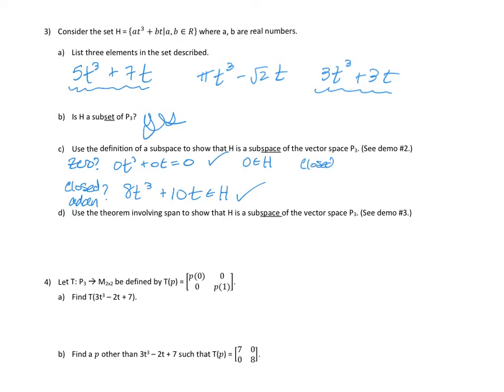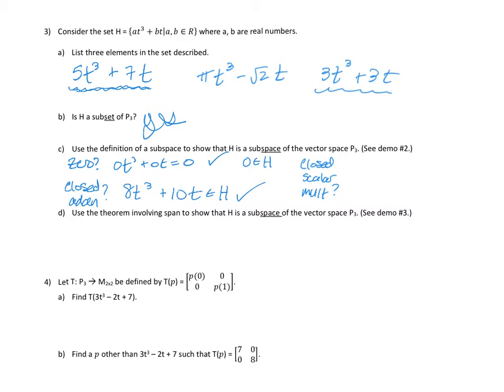Closed under scalar multiplication. So you pick any element. If you multiply it by a scalar, are you still in H? So let's pick 5t cubed plus 7t and multiply it by a scalar.